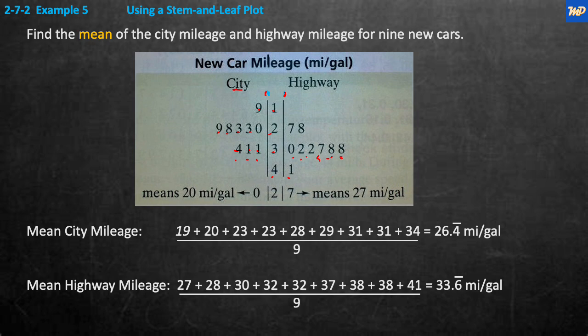So as you see here, the mean is 20 miles per gallon. They wrote it down here. The 20 is the mean. And for the highway, it's 27 miles per gallon.